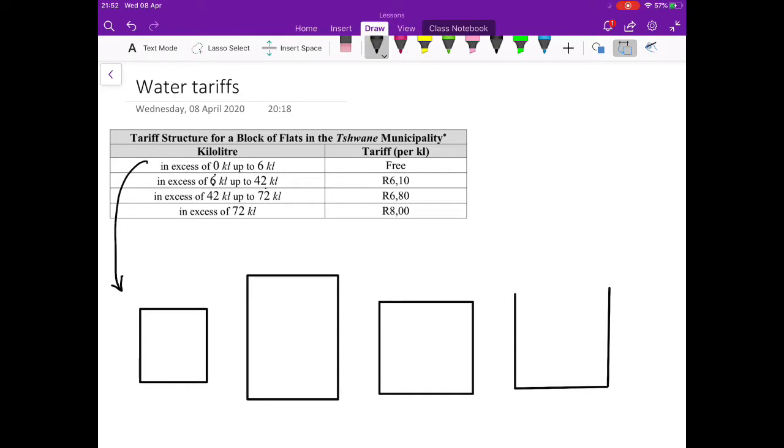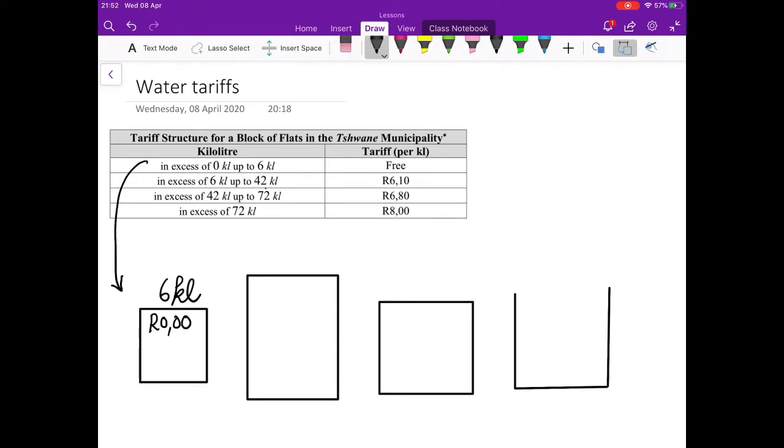If we have a look here in the first block, you've got from 0 to 6 kiloliters. For this to be filled with water, we are going to use 6 kiloliters, and those 6 kiloliters are going to be free. The reason for that, the government wants to help those that are less fortunate than what we are.